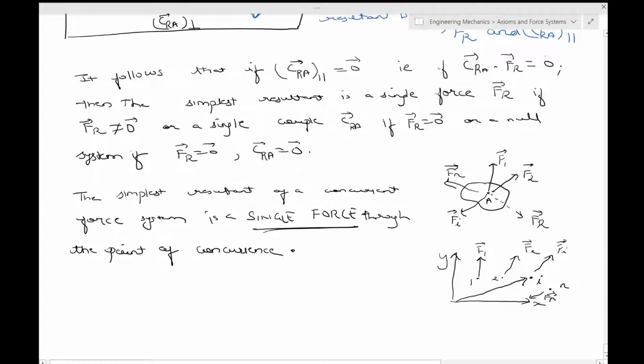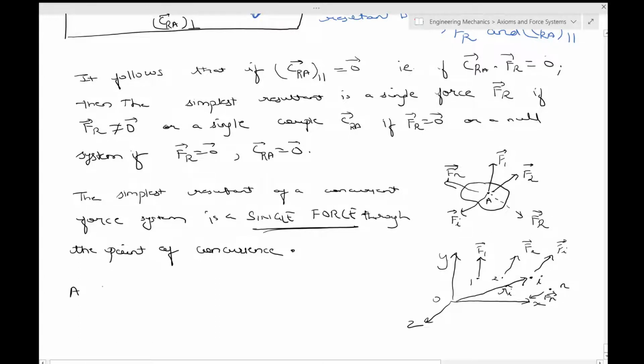Okay? So these are basically coplanar forces. You can see that this is Ri, okay, and say you have this n point, so Fn is acting. This is the xy plane, this is point O, this is Z, okay.